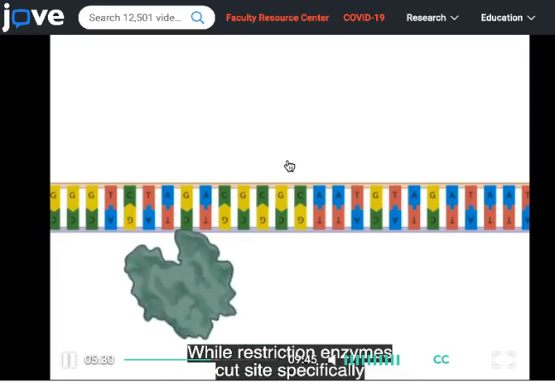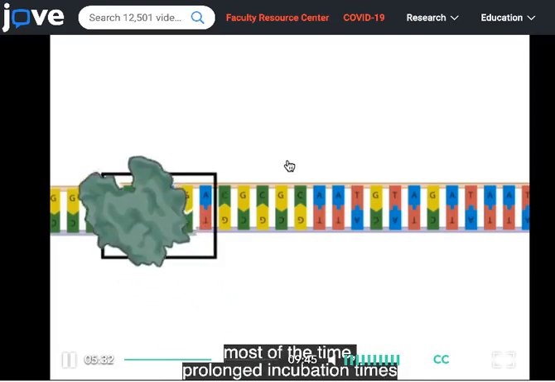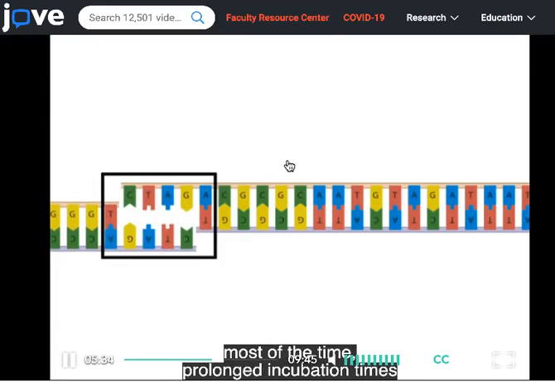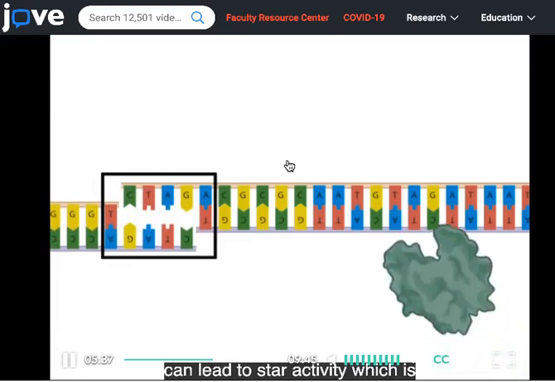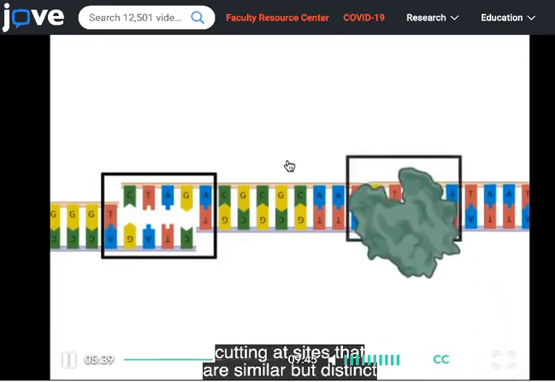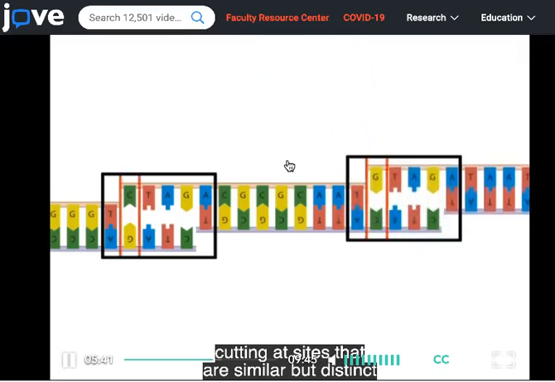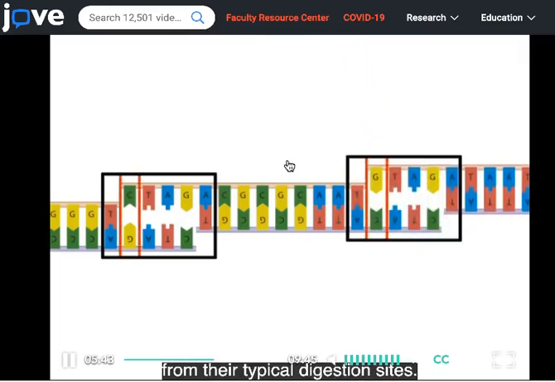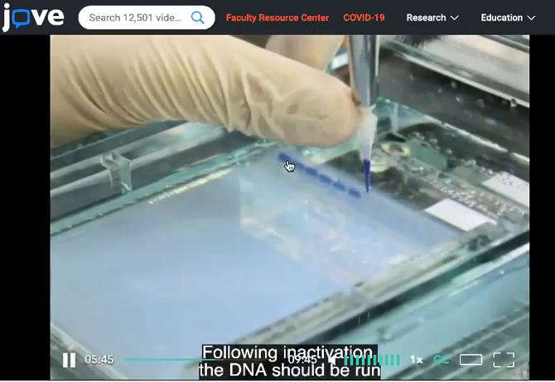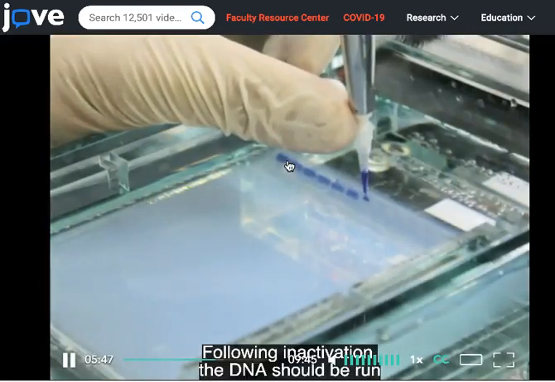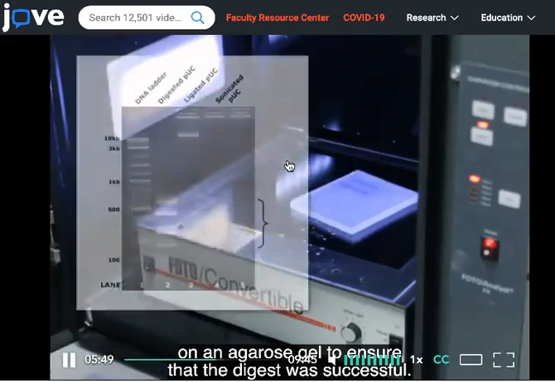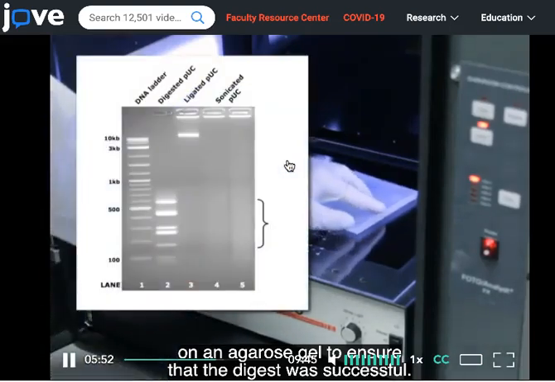While restriction enzymes cut site-specifically most of the time, prolonged incubation times can lead to star activity, which is cutting at sites that are similar but distinct from their typical digestion sites. Following inactivation, the DNA should be run on an agarose gel to ensure that the digest was successful.